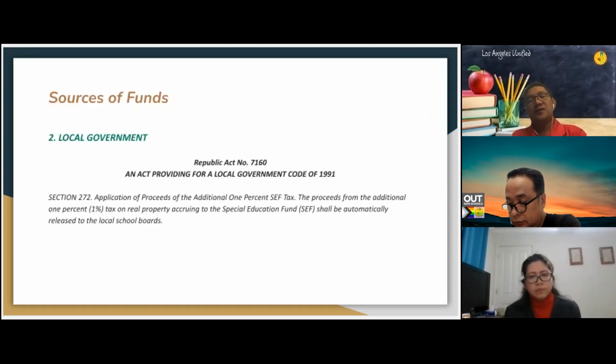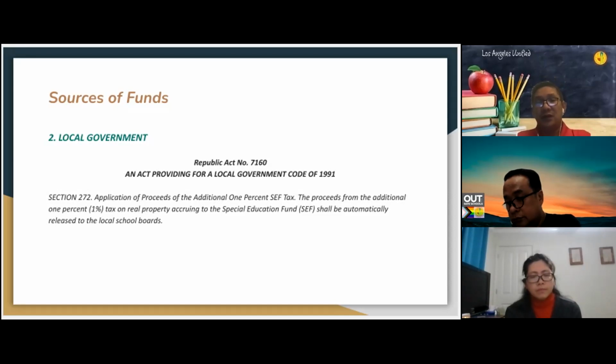The second source of funds is the local government. Republic Act number 7160, an act providing for a Local Government Code of 1991. Section 272, application of proceeds of the additional 1% SEF tax. The proceeds from the additional 1% tax on real property accruing to the Special Education Fund, or SEF, shall be automatically released to the local school boards.